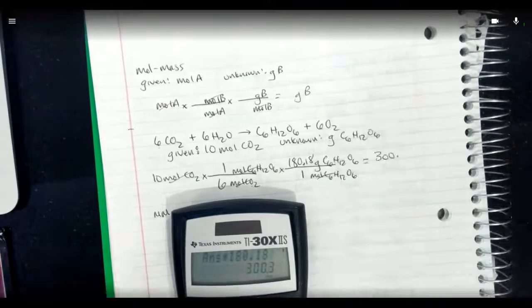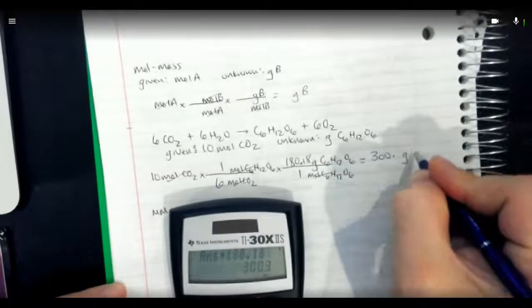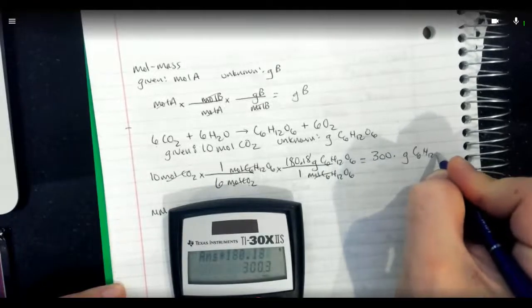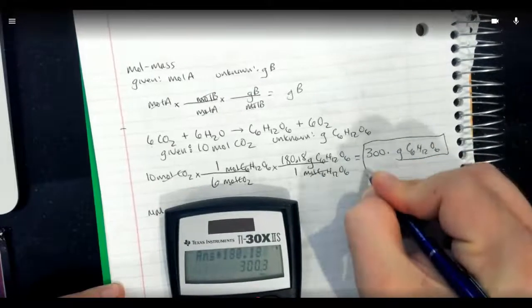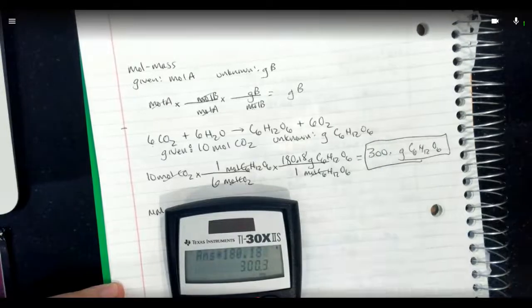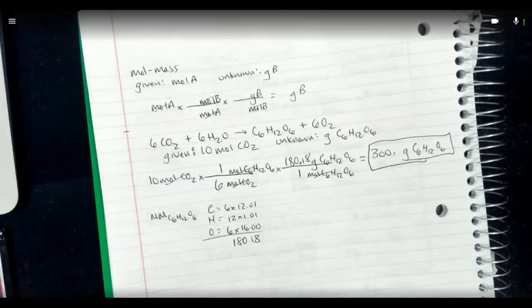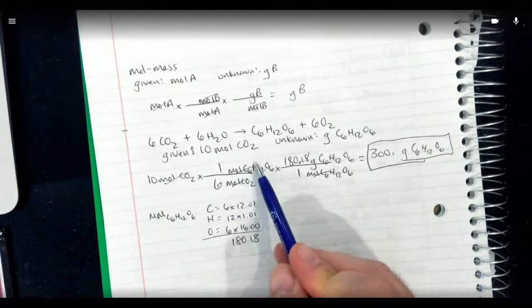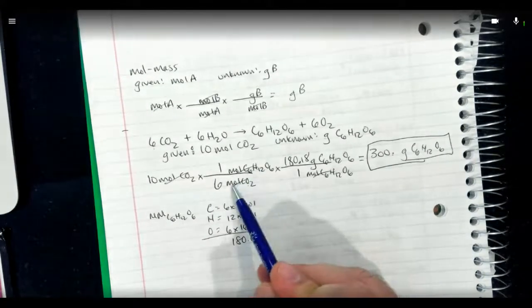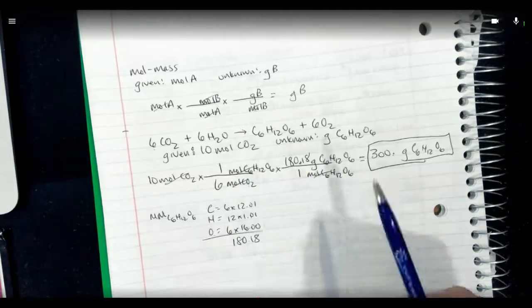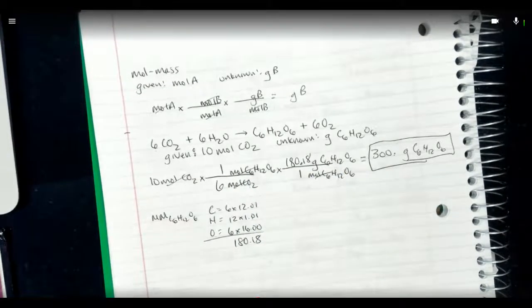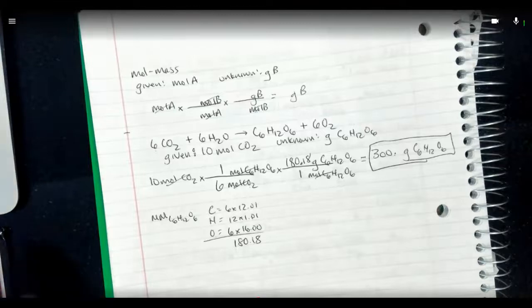That's 300 grams of glucose, 3 sig figs with the decimal point there in your answer. And yes, you need to write moles of what substance, grams of what substance. Let's do one more practice problem.